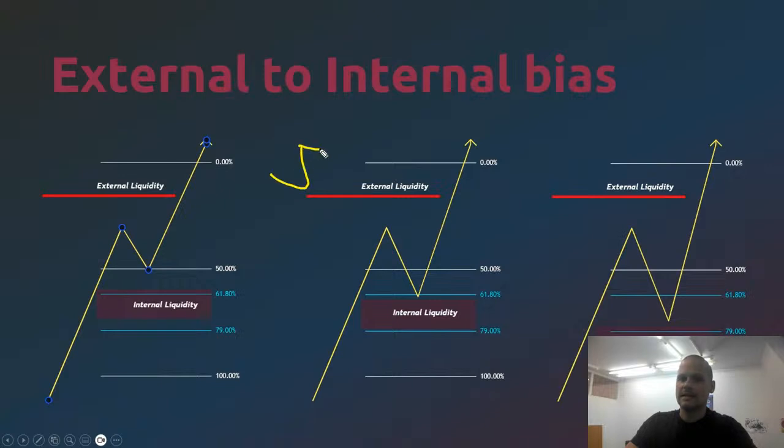Where is that liquidity above the 50%? Where we have these two highs, those equal highs, and we are going in there. So that's external to internal. Maybe it's kind of confusing.